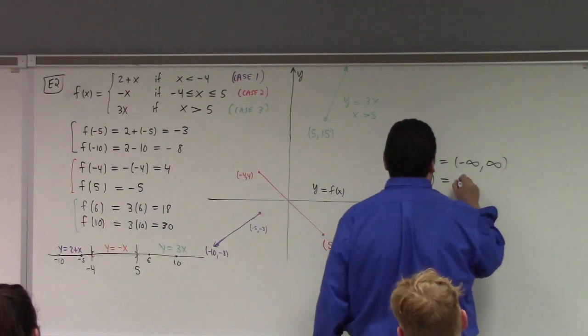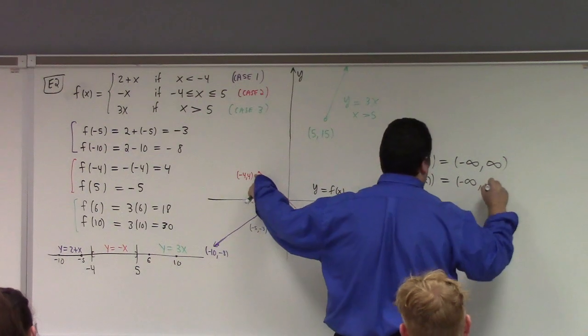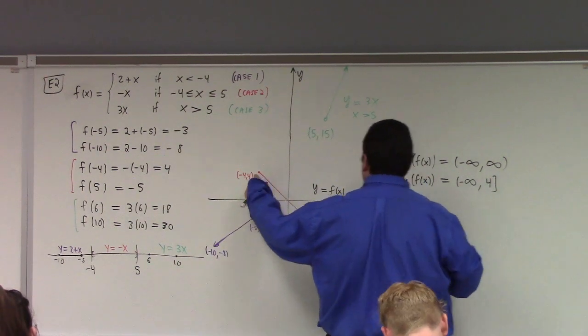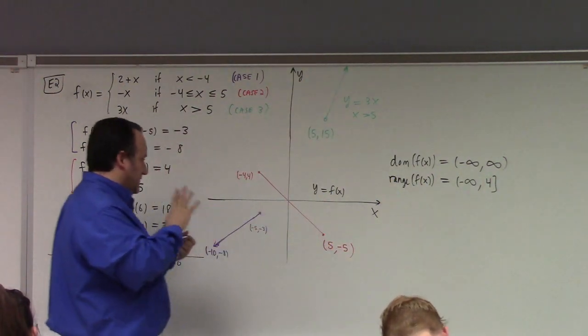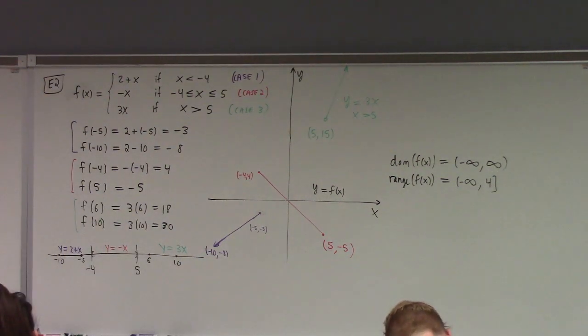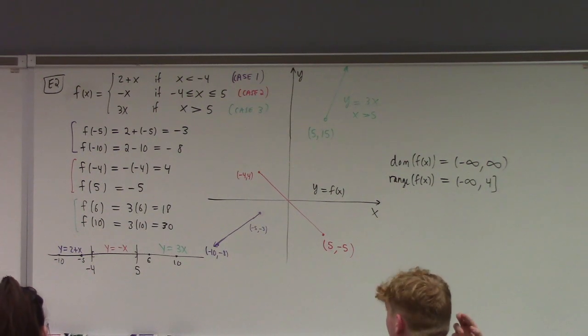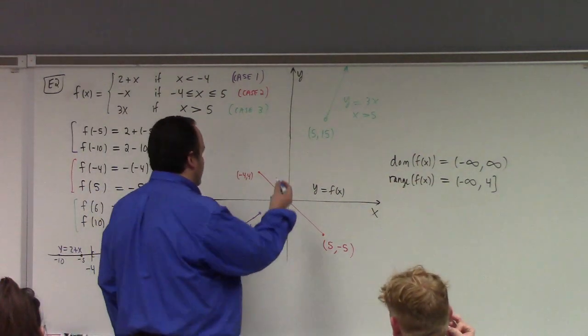Well, we can definitely go minus infinity all the way up to 4. Include that guy, right? But notice the thing. If I get out my hideous Carolina blue, oh, here it is. Foul color, but it's different.